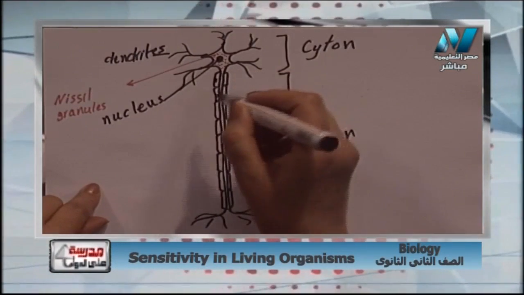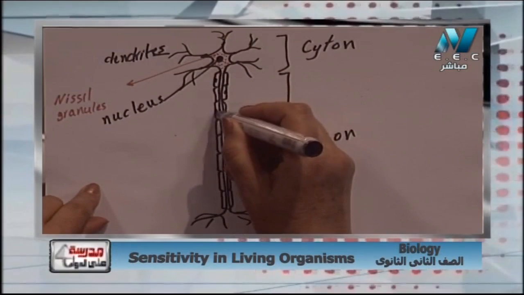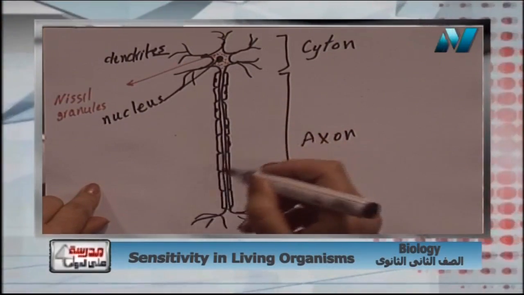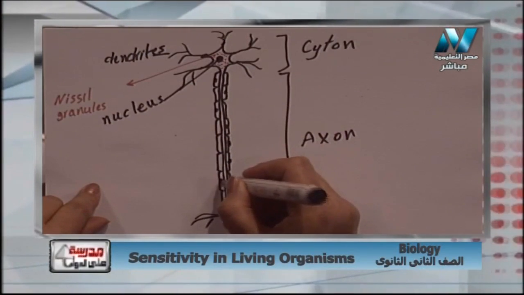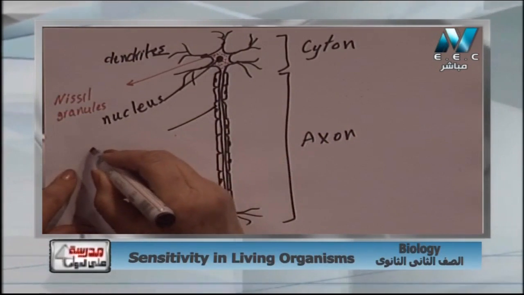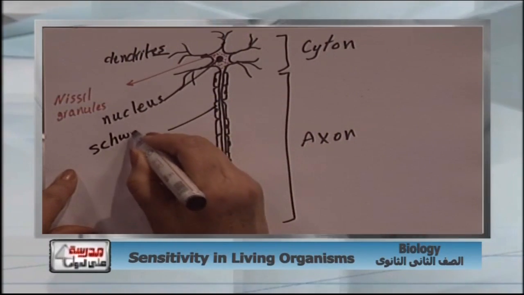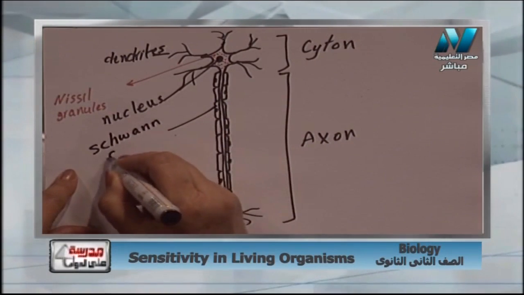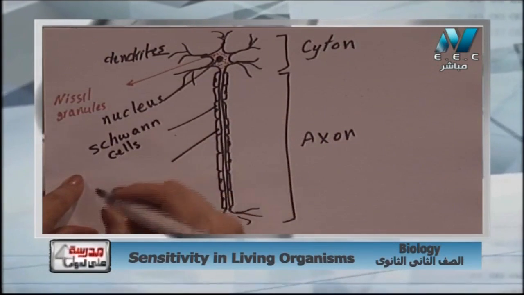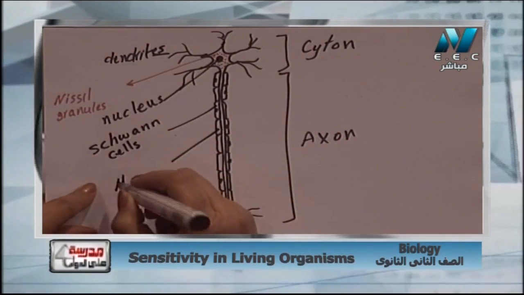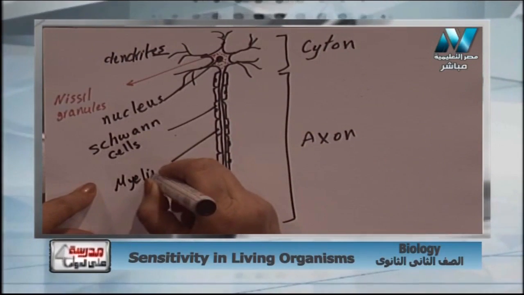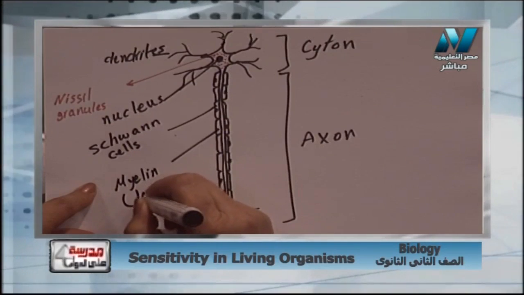We put the nucleus of the cells that are surrounding the axon. So these are Schwann cells, and Schwann cells secrete myelin layer or fatty layer.